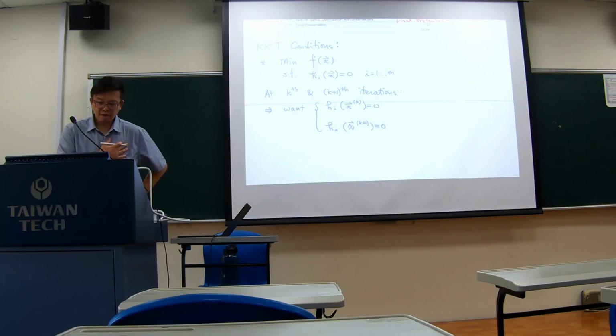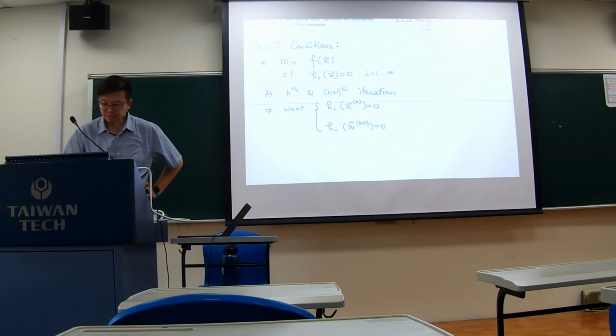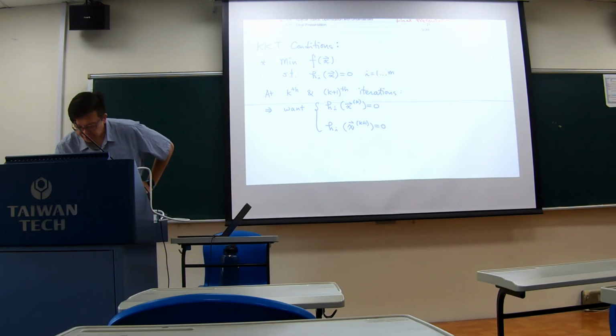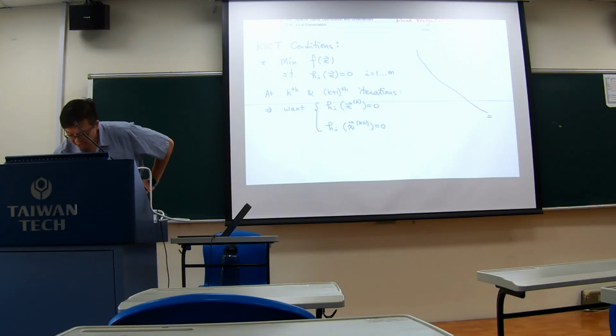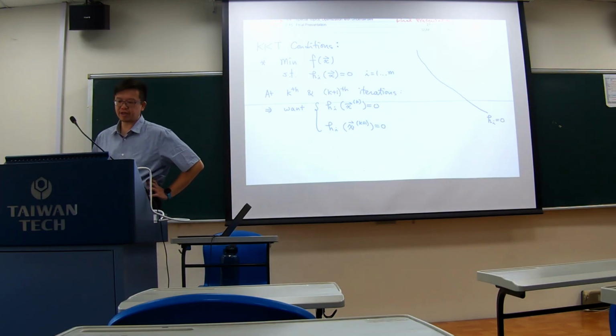Imagine we are in a design space and there is an equality constraint. So let's say on top of this curve, this is h, some h_i equals 0.